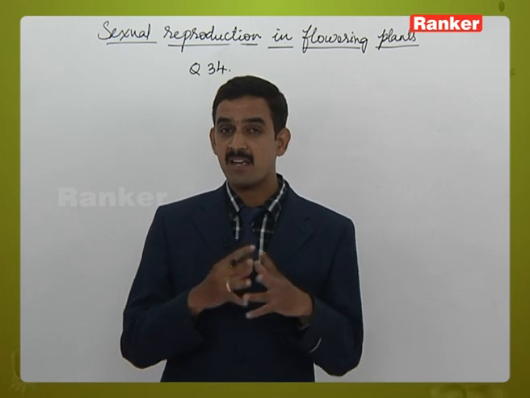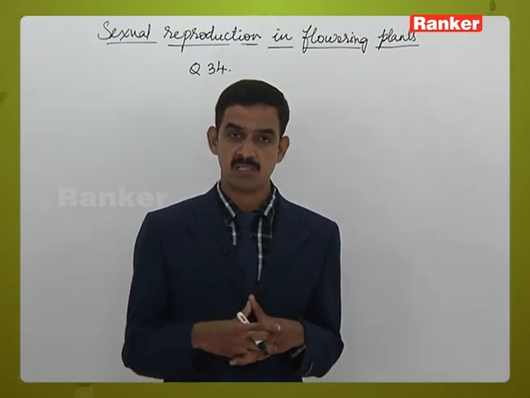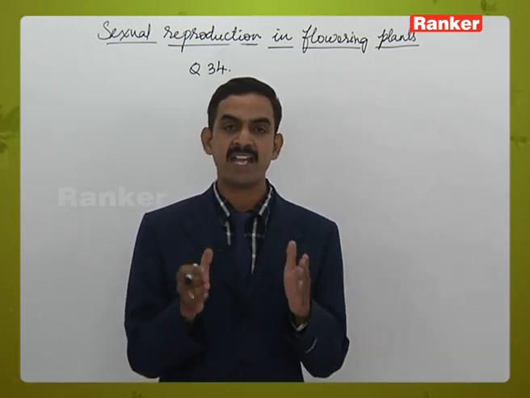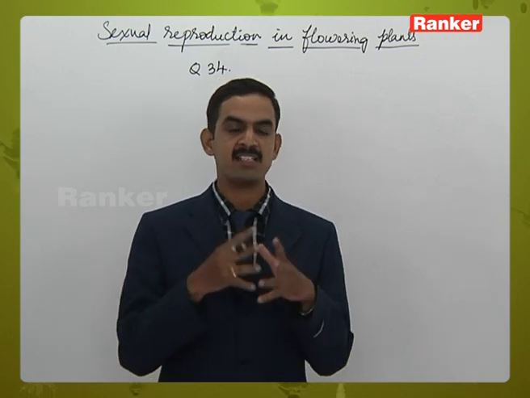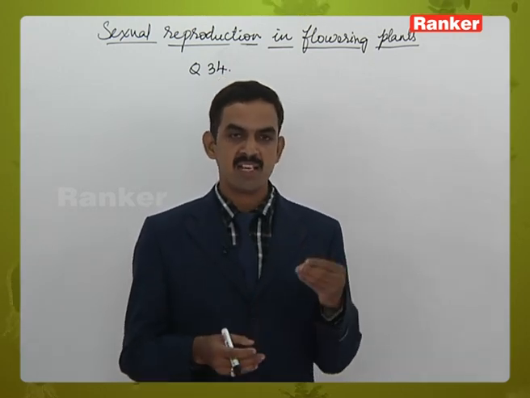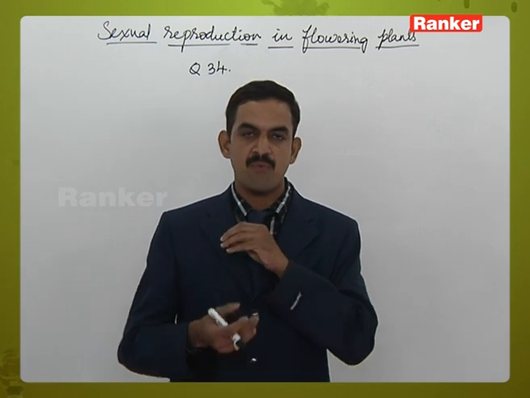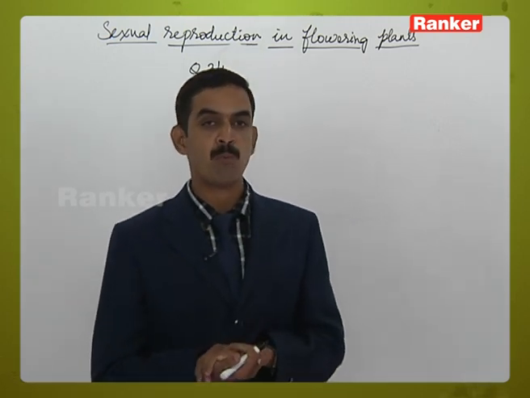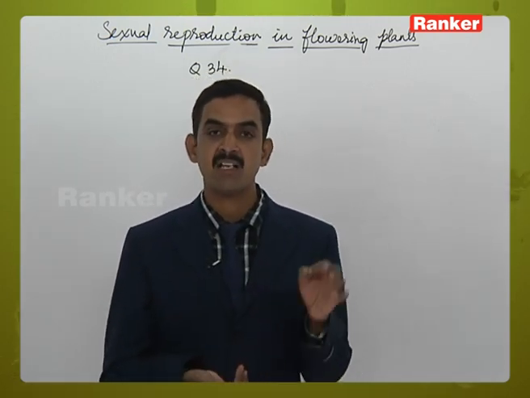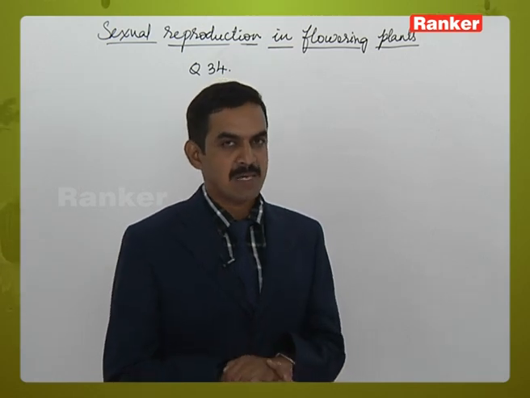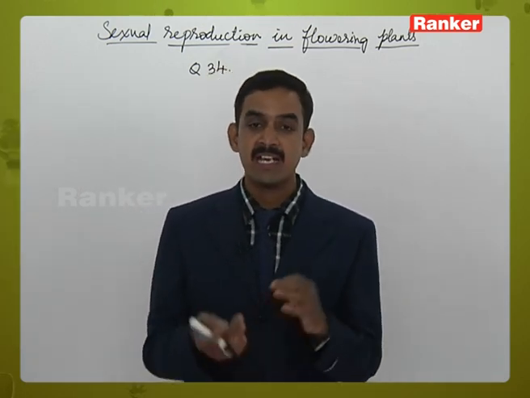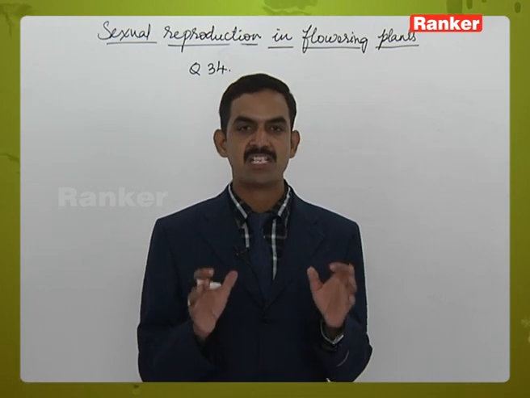The pollen grains are well preserved in the form of fossils. That means they can be retained for years together as fossils. What's the reason for that? Because of the sporopollenin, which is present in the exine wall. So what is the specialty of this sporopollenin? It is resistant to high temperatures.